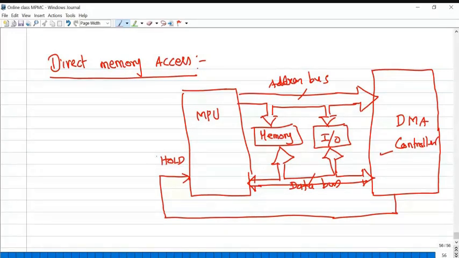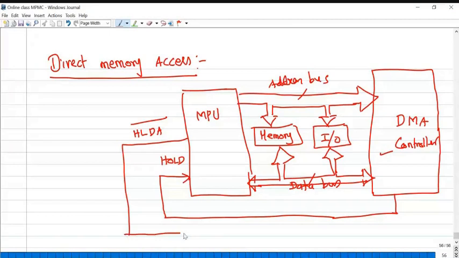To acknowledge this hold signal, the microprocessor completes the currently executing instruction first, and then it issues HLDA, the hold acknowledgement signal, to this DMA controller.